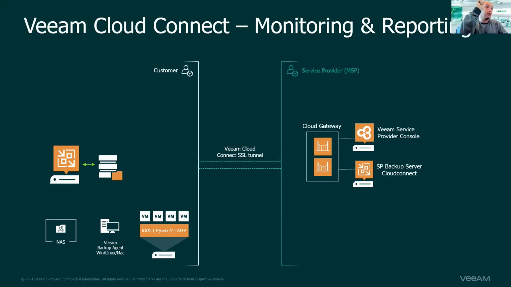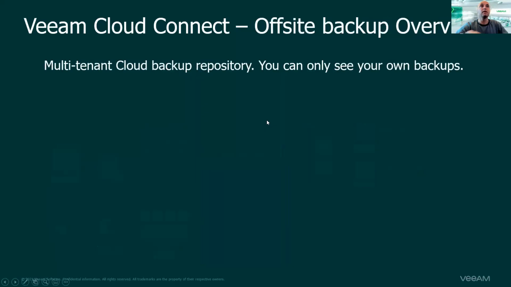Make sure you check that checkbox, allow the service provider to manage, and then you get a visibility into their infrastructure. That's it. Just start with that. Where can you deploy this environment? Everywhere you want. So if you don't have an own environment or an own data center as a service provider, just run this on Azure, for example. That's a possibility. But this is the first thing to start with.